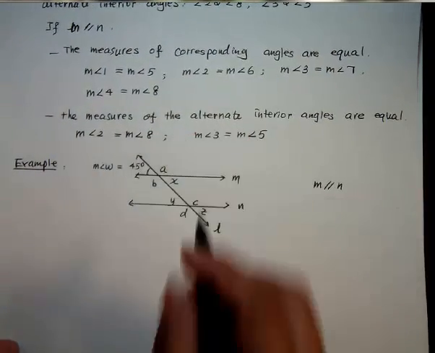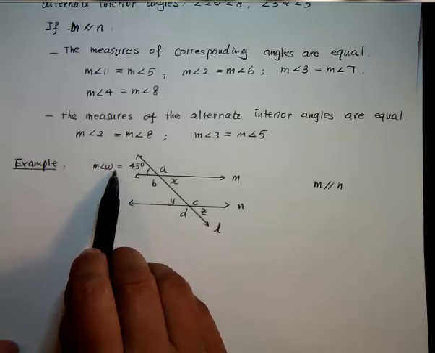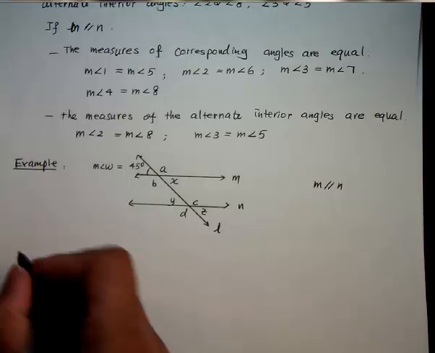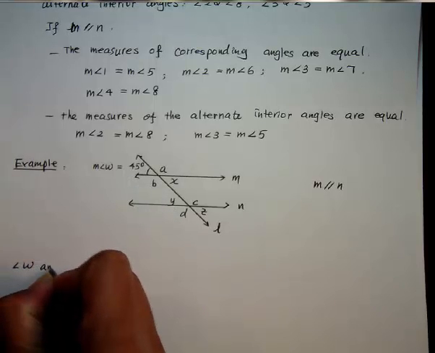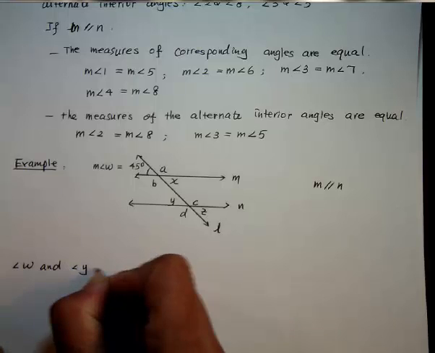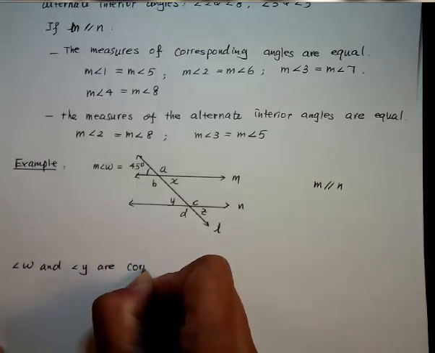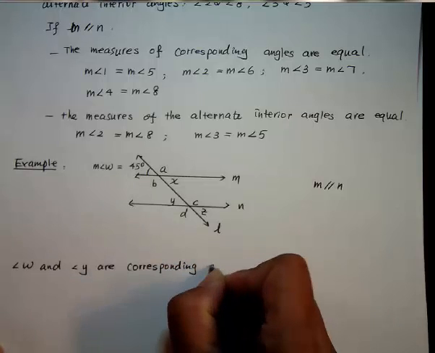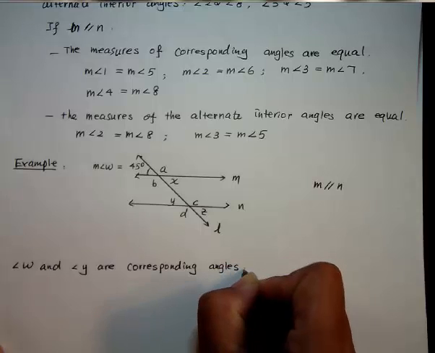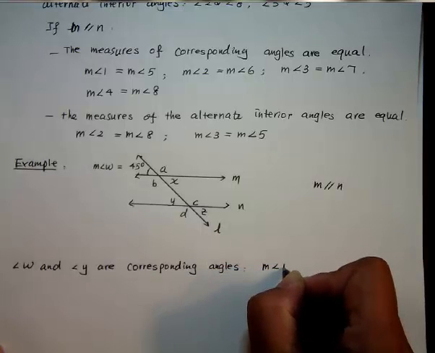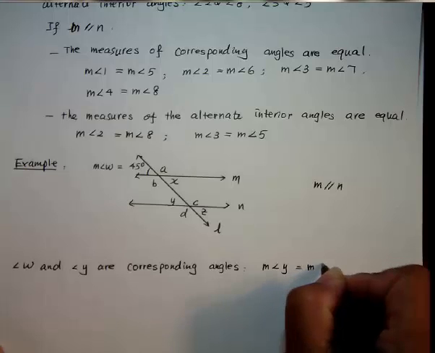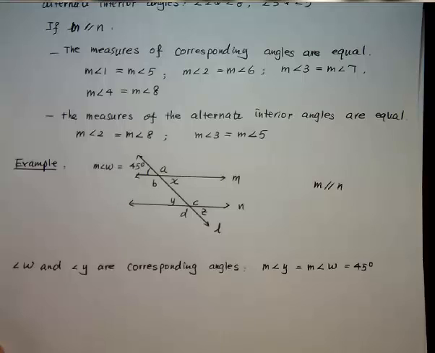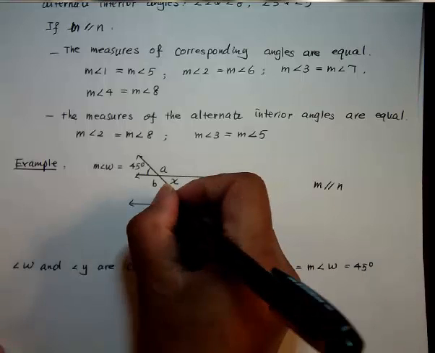Alright, let's see. Angle W and angle Y are corresponding angles. Therefore, the measurement of angle Y should be the same as angle W, 45 degrees. So this angle is 45 degrees.